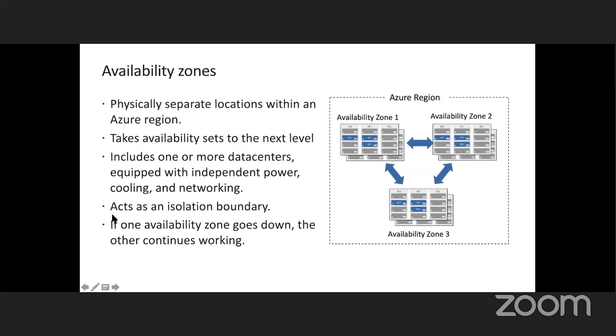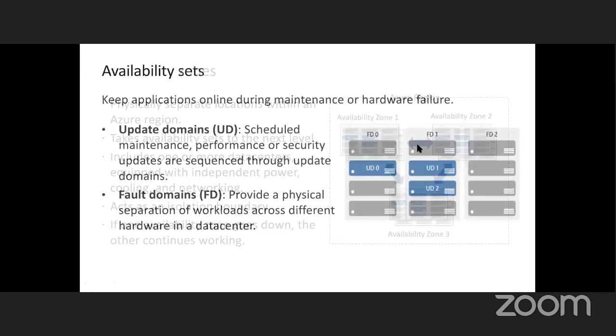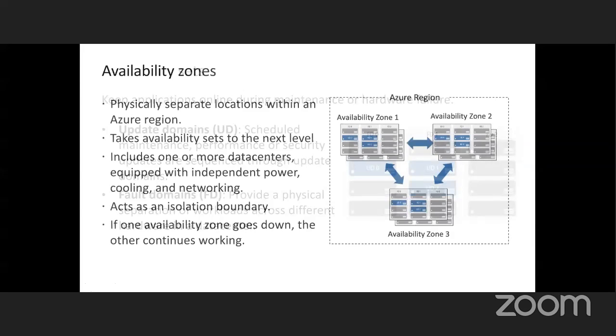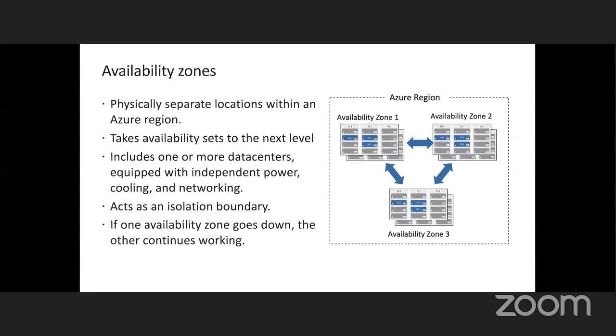All right. So it adds an isolation boundary. They're isolated from each other. Data centers are like 3 miles apart. The data center is inside an availability zone. So then you can draw a conclusion that an availability zone is separated from another availability zone like 300 miles apart. Okay. So if one availability zone goes down, the other continues working.